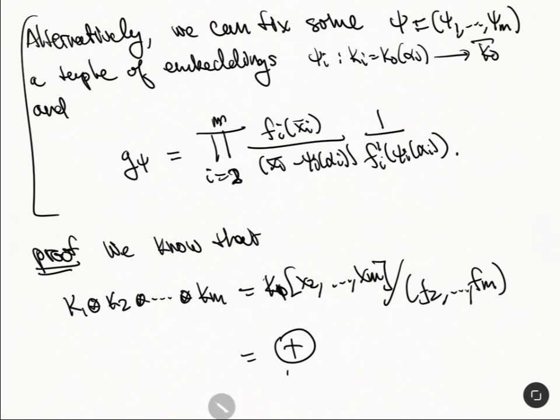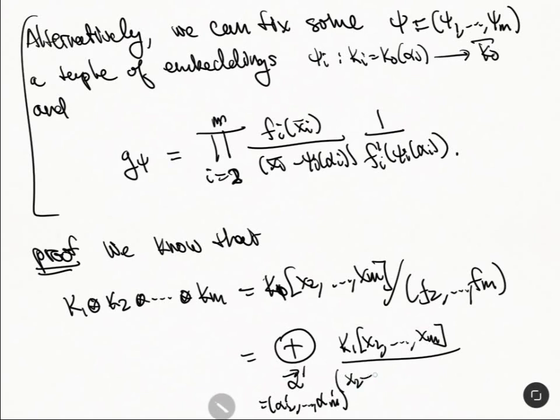So this is a direct sum over a certain set, which we could write as a direct sum over alpha primes. These are going to be tuples alpha 2 prime through alpha m prime, so these are going to be other roots, where we have K1 X2 through Xm and then we mod out by the maximal ideal. So this is just the Chinese remainder theorem: X2 minus alpha 2 prime through Xm minus alpha m prime. We could do this with embeddings too. As we saw, there's a correspondence between embeddings and roots.